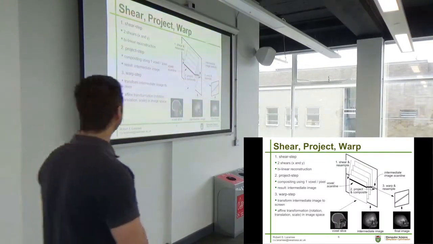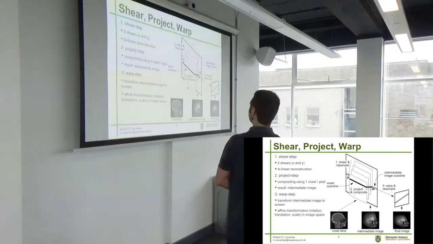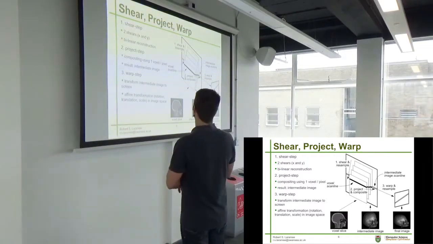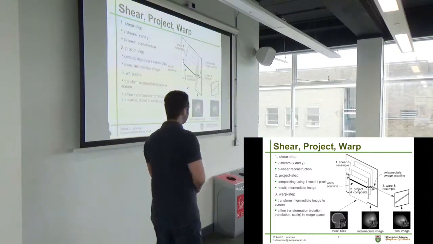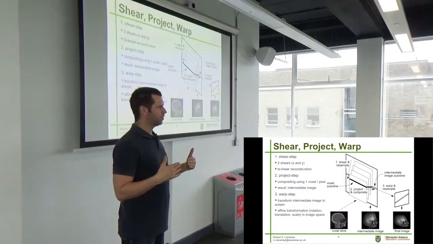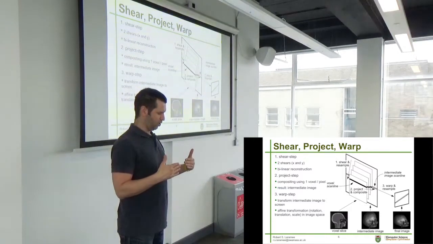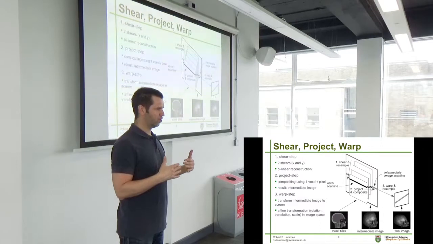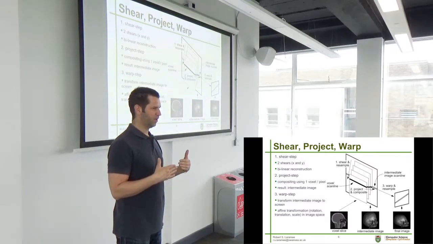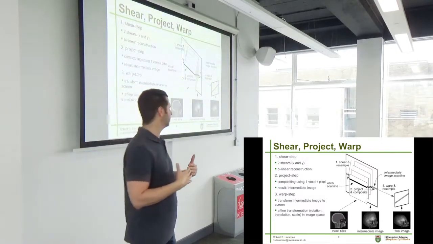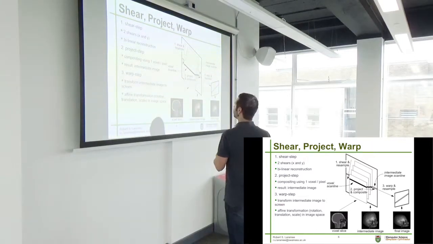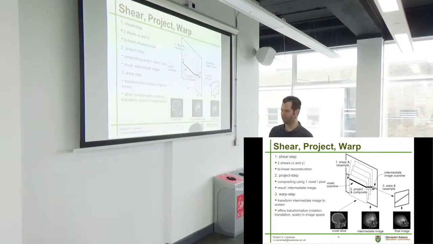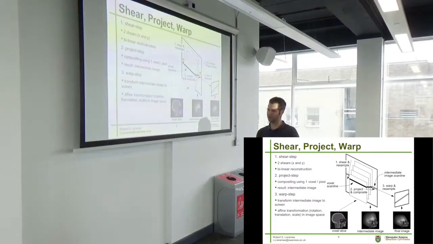Here it is again, like another kind of overview. The shear step is rearranging the slices so that when you sample them, they recreate the same sampling as when they're not sheared, so to speak. It's the equivalent of moving the viewpoint back to the front of the slices.